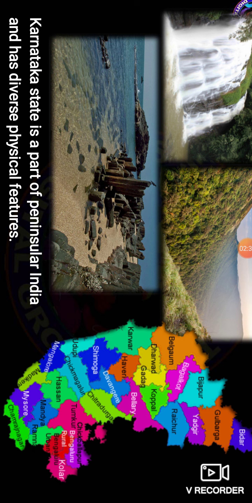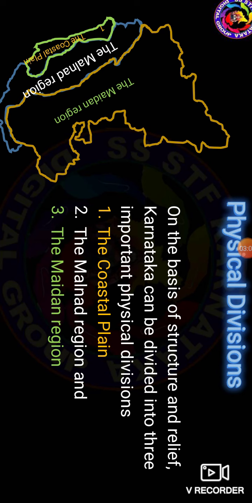In the state, most areas are 450 to 900 meters above the sea level. Some areas are more than 1800 meters above the sea level. On the basis of structure, Karnataka can be divided into three important physical divisions.